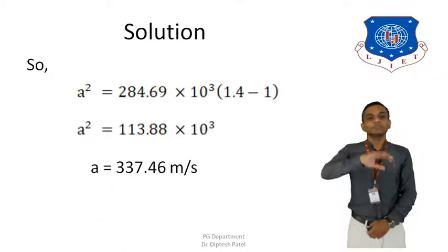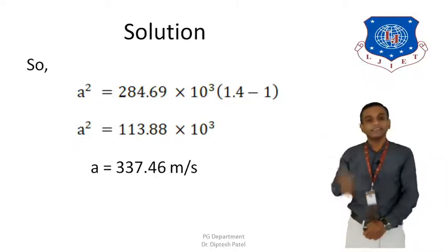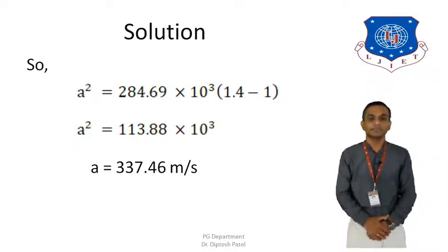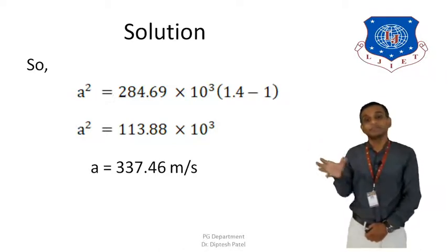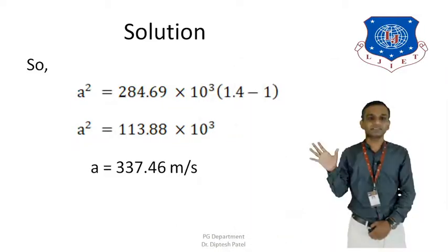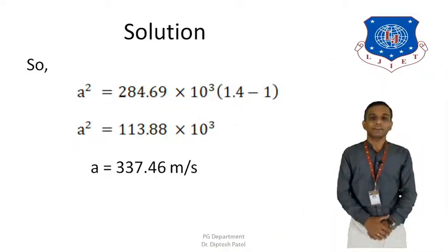Now we're going to take the gamma minus 1 to the other side. So a square is equal to 284.69 into 10 raised to 3 into gamma minus 1, which is 1.4 minus 1. Going through the calculations, we get a square is equal to 113.88 into 10 raised to 3.